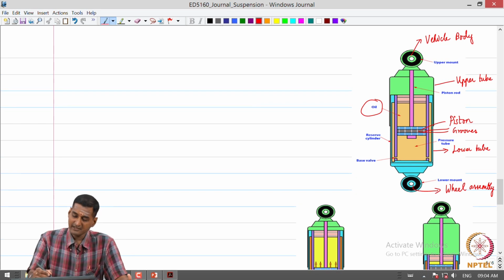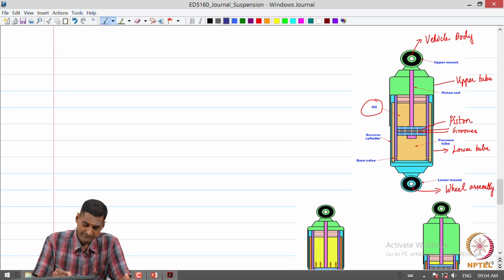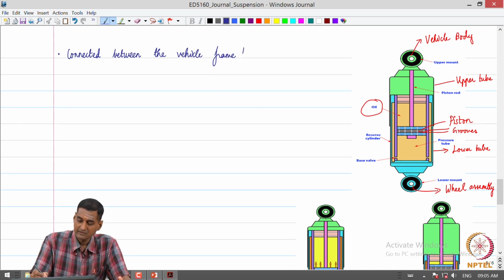So let me write down the key points about the shock absorbers. The shock absorbers are connected between the vehicle frame or body and the wheel assembly.